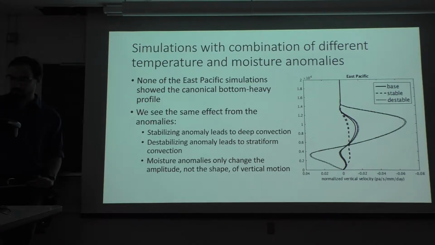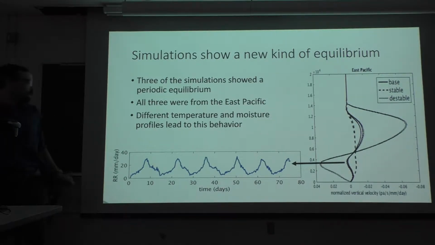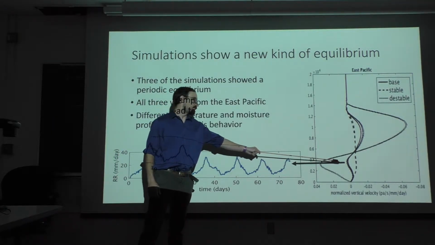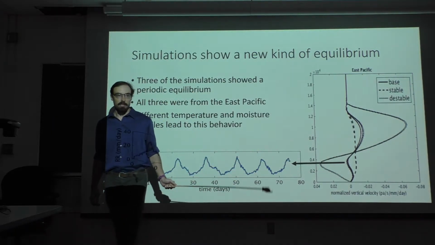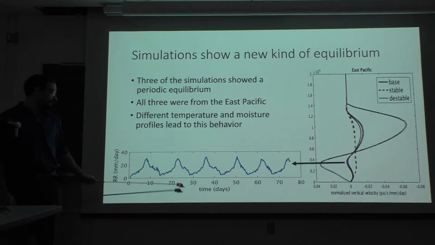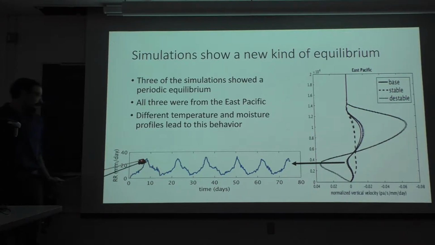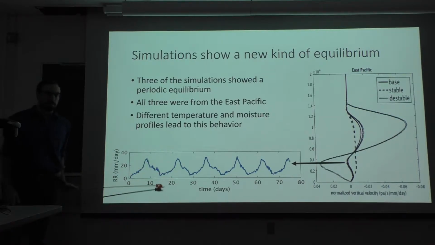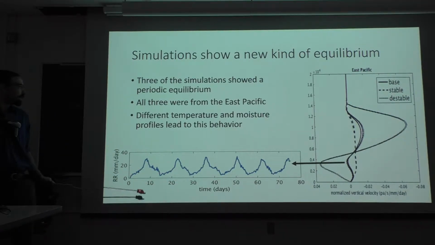But one very weird thing with these three lines specifically from the East Pacific is we get this periodic convection where the precipitation rate increases to a maximum, and then after it reaches a maximum, the kind of convection changes from bottom heavy to stratiform and precipitation decreases. This happens at about a 13-day period and depends on both temperature and moisture profiles.